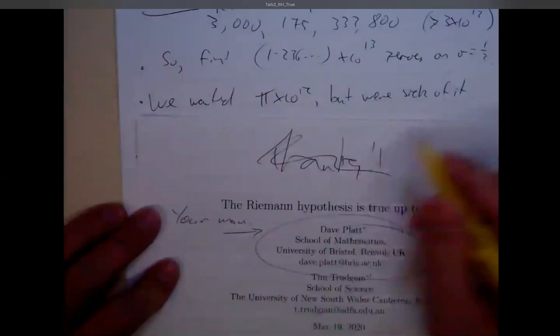I can't tell you how many are on the critical line, on sigma equals a half, but I can tell you how many there are in that strip. So if you give me t and t plus 10, there's roughly going to be log t zeros in that interval, and that's true for all t. If you pick a favorite t, like 10 to the 1,000, then there's roughly log of 10 to the 1,000 zeros between that height and that plus 1.